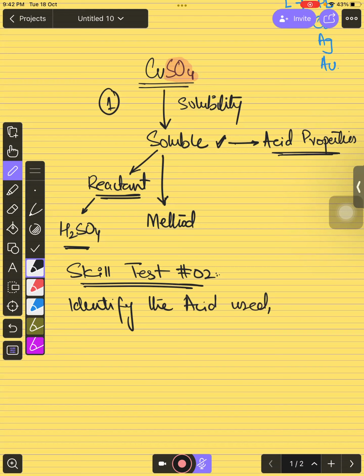So tell me, if you have potassium nitrate salt, what will be the acid that you are going to use? For example, if you are going to form calcium chloride, what will be the acid that you are going to use? For example, if you are going to produce calcium sulfate, what will be the acid that you are going to use?